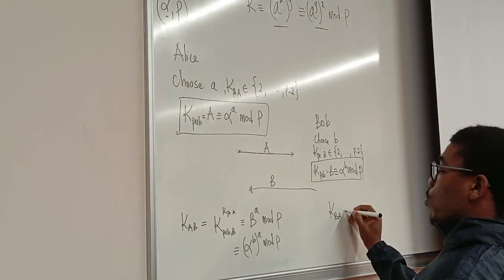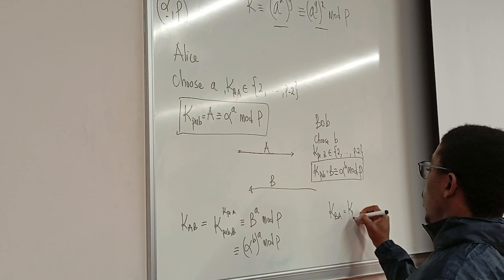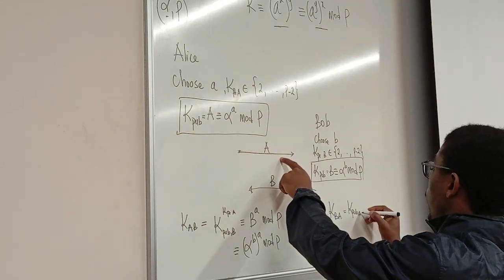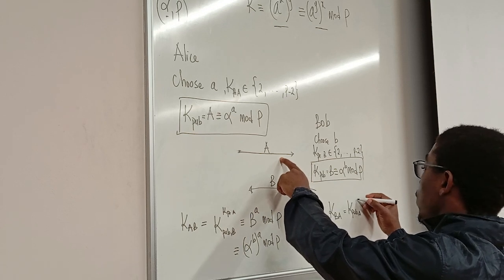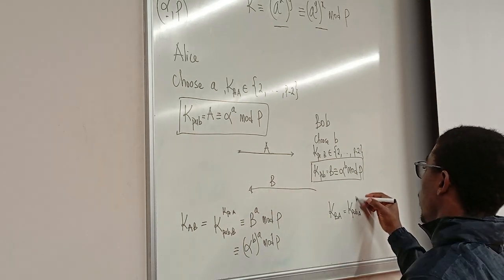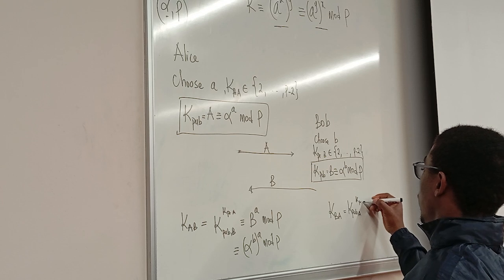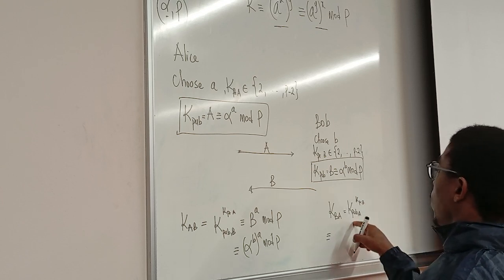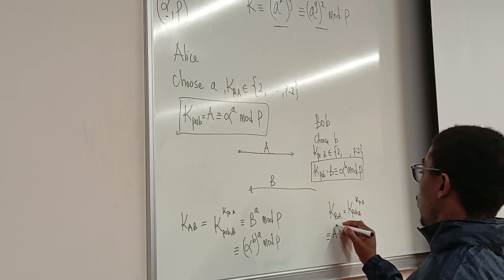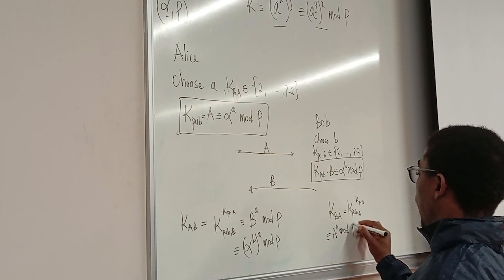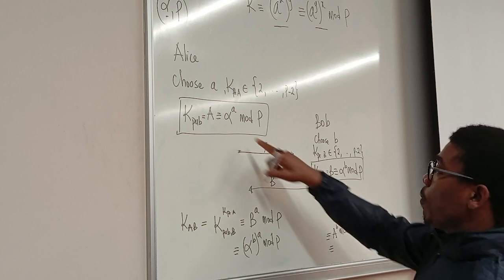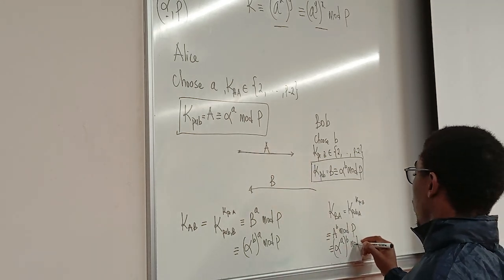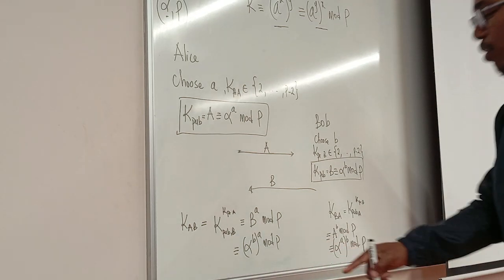So let's see if Bob also gets the same thing. Bob would also do the same thing. Bob is going to take the public key of A, because that's what he received, and raise it to his private key, the private key of B, so which is congruent to A raised to B, mod P, and we know that A is actually alpha to the power of A, B, mod P. So they actually receive the same thing.